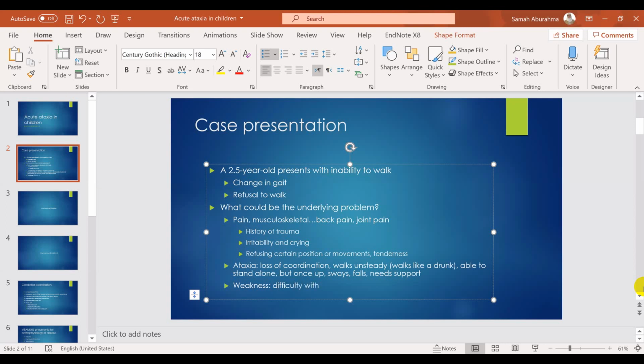Yes, excellent. Difficulty with transitional movements. Unable to stand up from the floor without assistance. This is characteristic. Unable to get up to sit from lying down. Okay? All of these tell us that the child is weak when you have a problem with transitional movements.